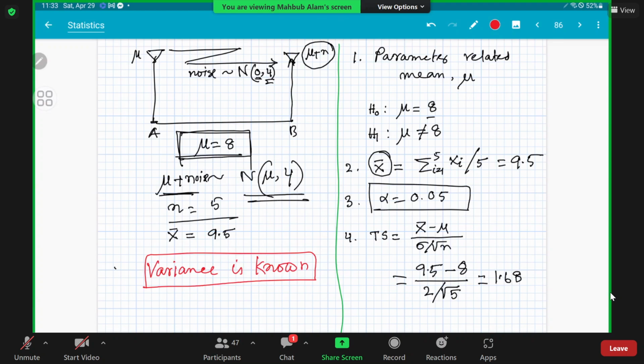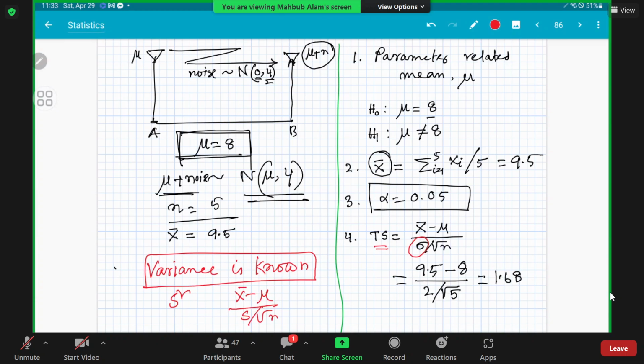Very good. If we do not know the variance, then the test statistic cannot be calculated, because calculation of the test statistic requires the value of sigma. If we do not know sigma, we calculate the sample variance, and then (x bar minus mu) by s over square root of n does not have the normal distribution. So the whole test will be different, and we'll deal with that later.